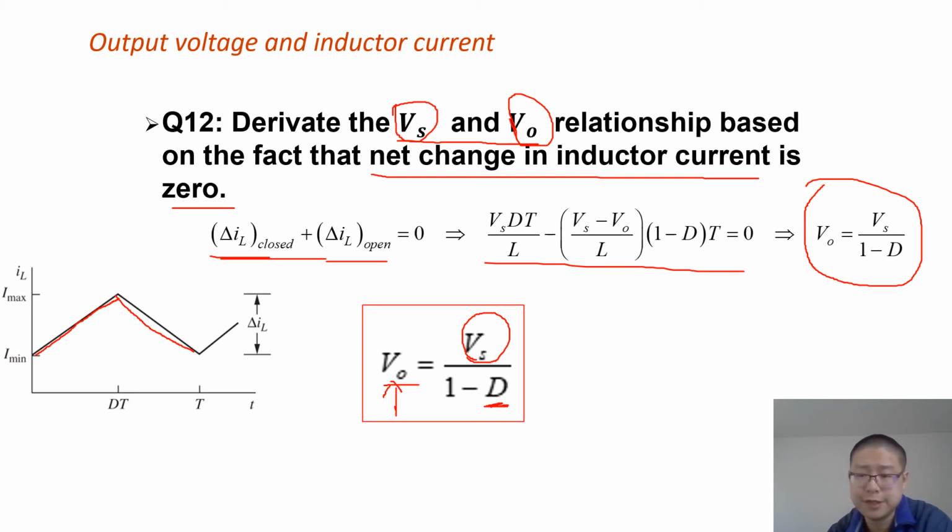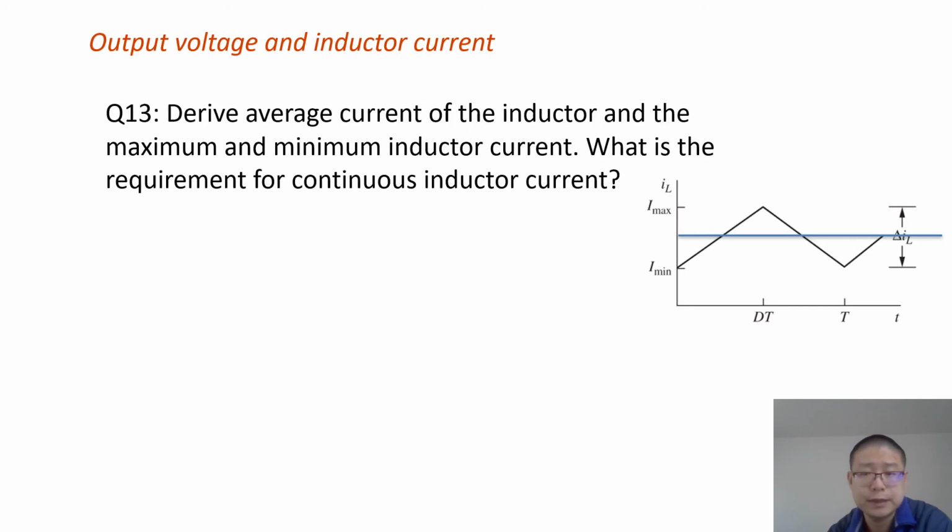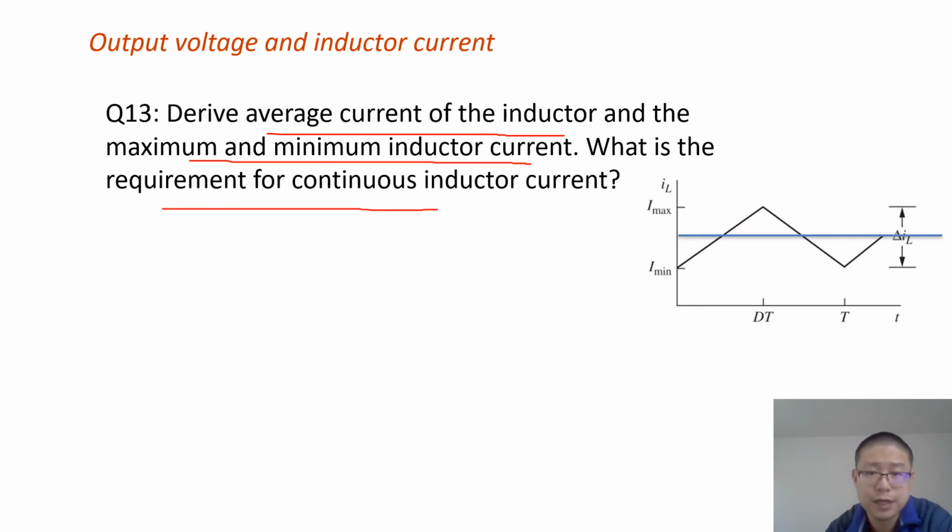In converter design problems, sometimes the input voltage is given, and there is a requirement on the output voltage, so you need to calculate the duty ratio. Next, we need to derive the average current of the inductor, the maximum and minimum inductor current, and the requirement for continuous inductor current.